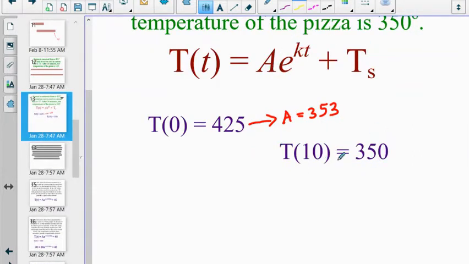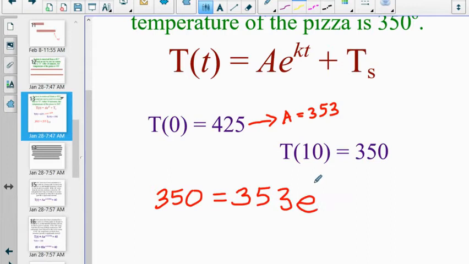If I use the other condition that we're given, that T of 10 is 350, that means that when the temperature is 350, 10 minutes have gone by. I know my constant A, but e to the k we don't know yet. I'm plugging 10 into this equation: 353 e to the 10 times k, whatever that is, plus the temperature of my surroundings, 72 degrees. The only thing we don't know here is k.